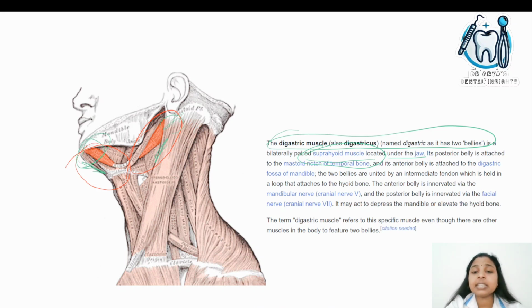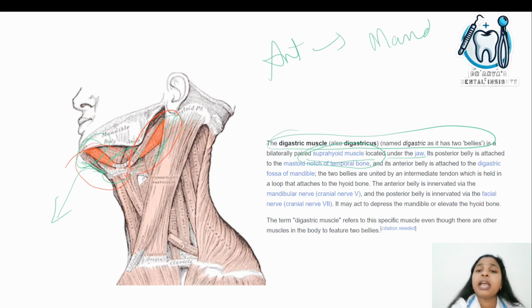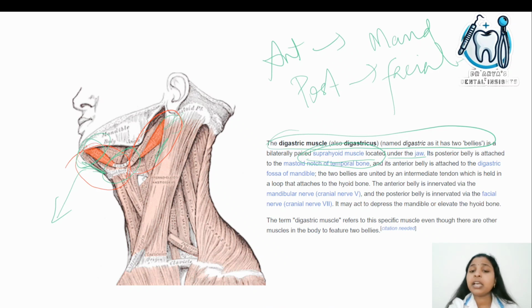The two bellies are united by an intermediate tendon, which is held in a loop that attaches to the hyoid bone. This is the intermediate tendon. The anterior belly is innervated by the mandibular nerve, and the posterior belly is innervated by the facial nerve. The facial nerve is the seventh cranial nerve, and the mandibular nerve is part of the fifth cranial nerve.